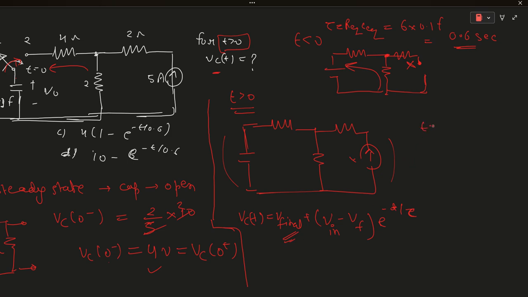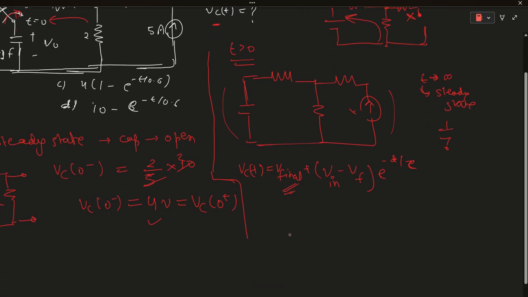Now V final is when this circuit achieves steady state, when t reaches infinity. At steady state the capacitor will open, so this circuit will behave like this. The capacitor is open, this resistor is here, this is here, this is here.